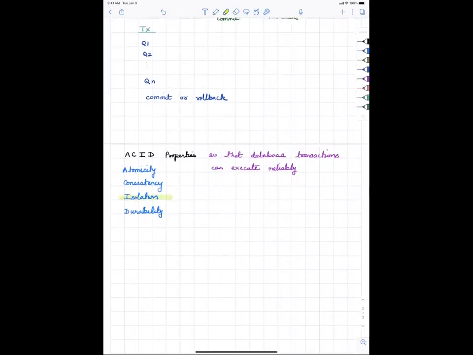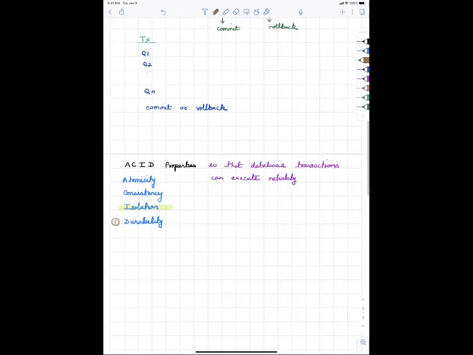I'll look at them in the following order. I'm going to start with durability, which I think is the easiest one, and then go with atomicity and consistency. These are all actually rather easy. The last one I'll look at is isolation, which is the one we'll have to spend a little time on, and that's the one where you have many options.